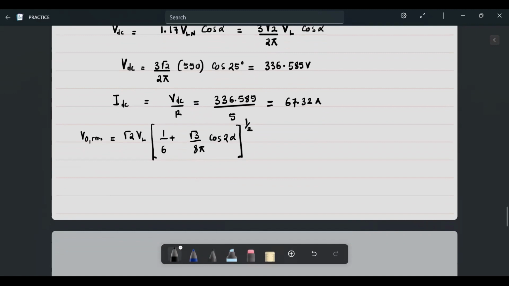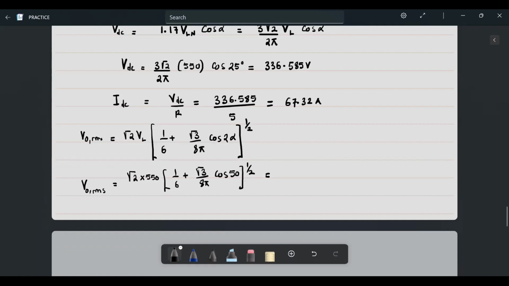So V output RMS is equal to the square root of 2 times the line voltage, which is 550, times 1/6 plus the square root of 3 divided by 8 pi times cosine twice alpha. Alpha is 25, so it's cosine 50, to the power half. Let's find out how much that is.